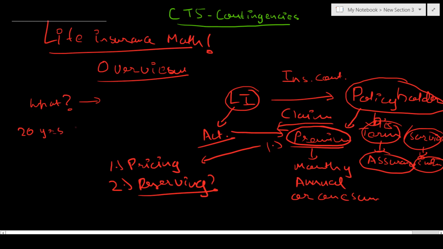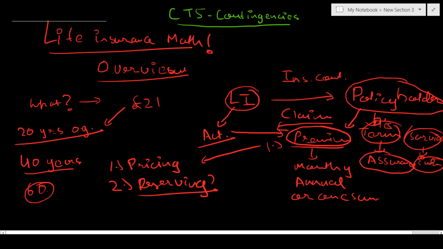The policy states that if the policy holder dies within the next 40 years, till he reaches 60 years of age, the insurance company is liable to pay him an amount of, let's say, not rupees, pounds, 2 billion.